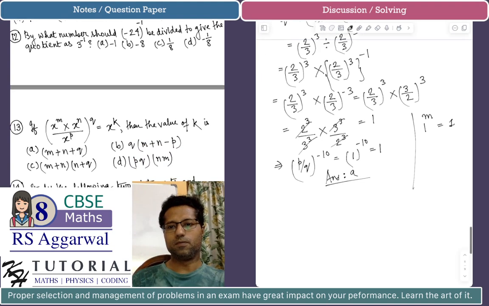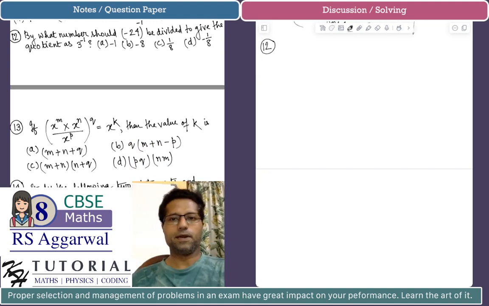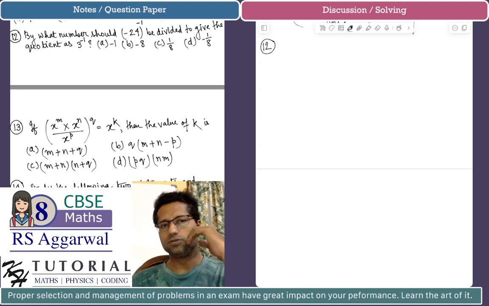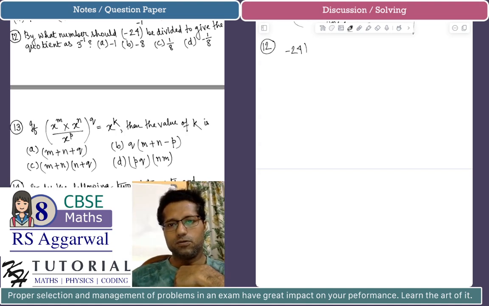Okay, let's do problem number 12. By what number should minus 24 raised to the power minus 1 be divided to give the quotient as 3 raised to the power minus 1? Okay, it is asking by what number this should be divided. This is nothing but the reciprocal of minus 24.